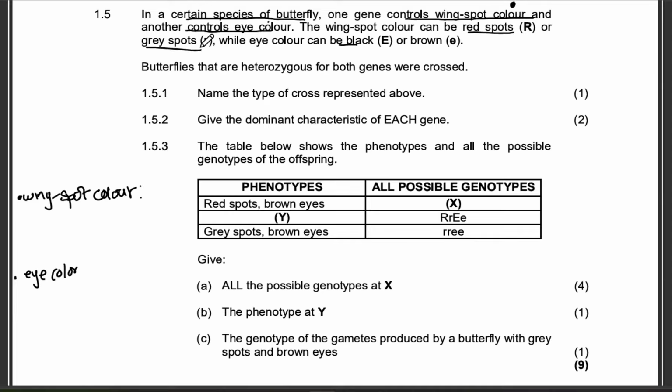Okay, now the wing spot color can be red spots or gray spots. These are the alleles that they're giving us. So the alleles given for wing spot color is red spots and also gray spots.